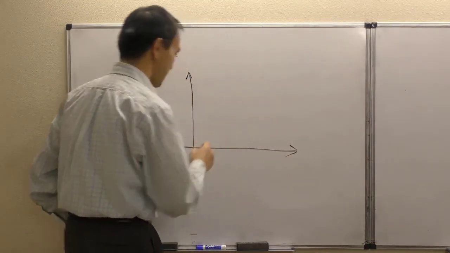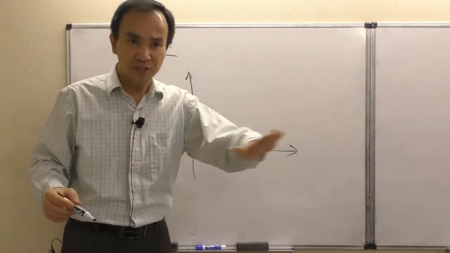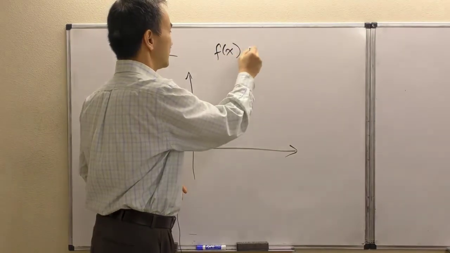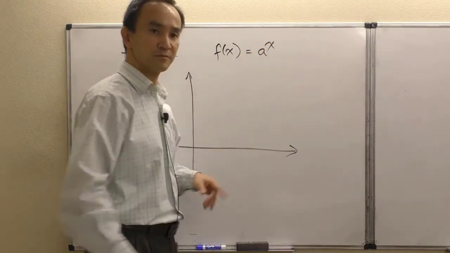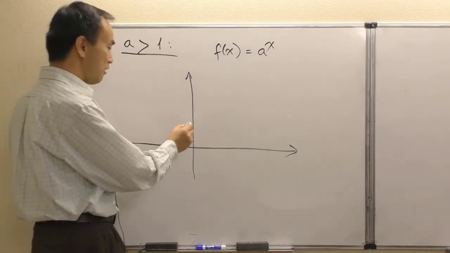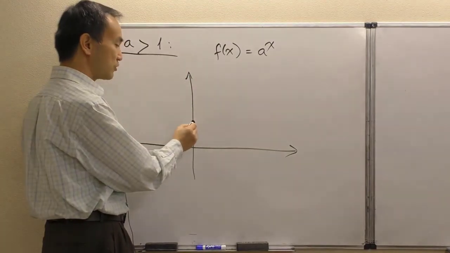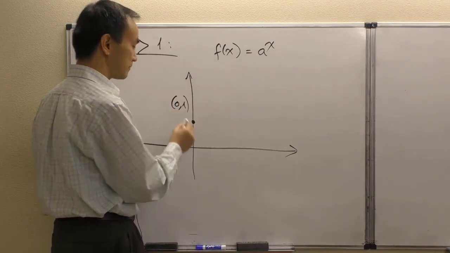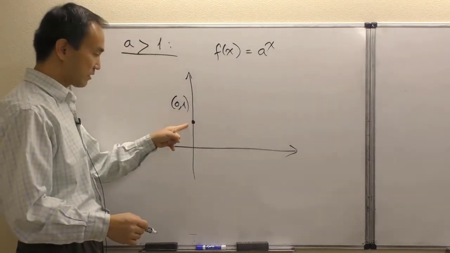So now, when we completely let go of a specific value of the base, we just look at f of x equals a to the x, where the base is positive and greater than 1. Then we know for sure that any of those graphs had a y-intercept right at (0, 1). Okay, right at (0, 1).